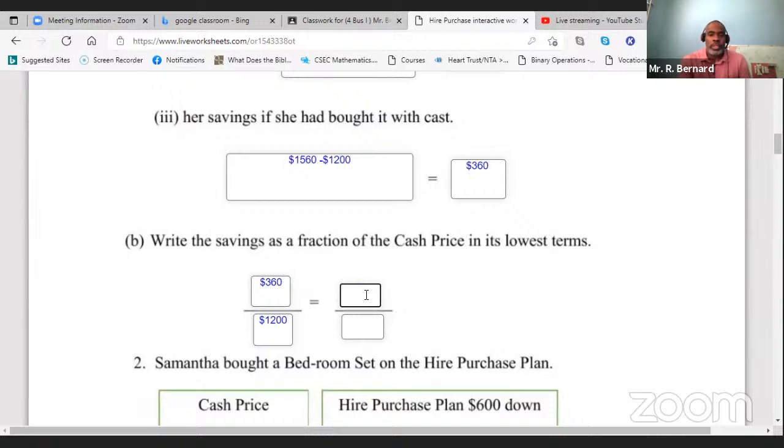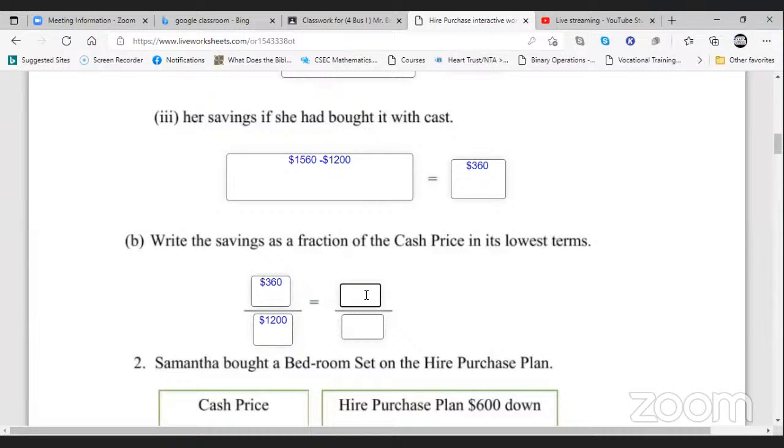You have to break it down to its lowest terms. 3/10. 3/10.